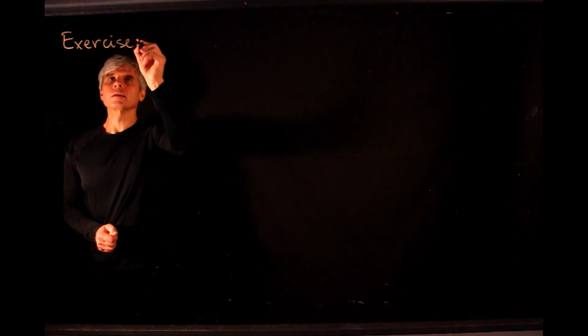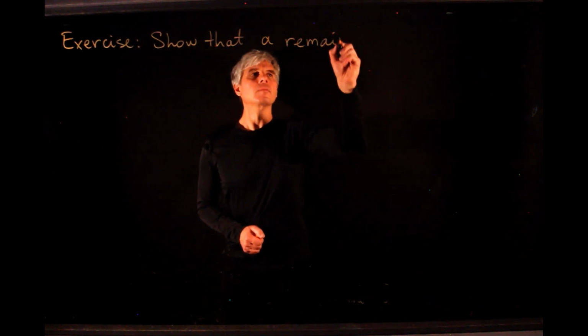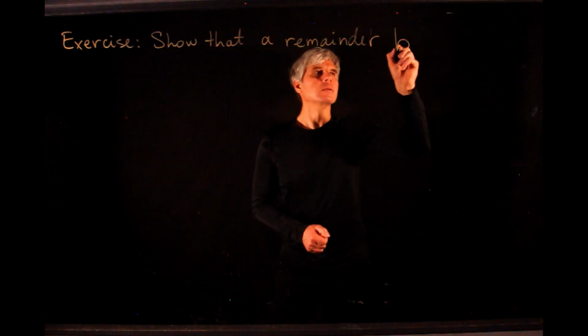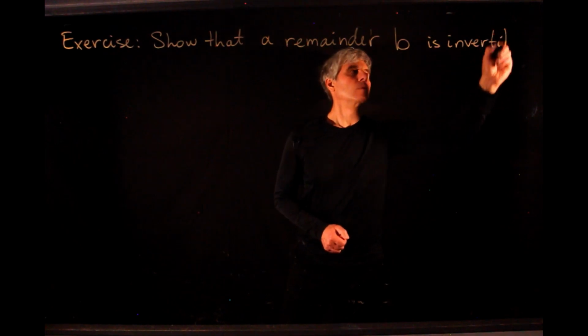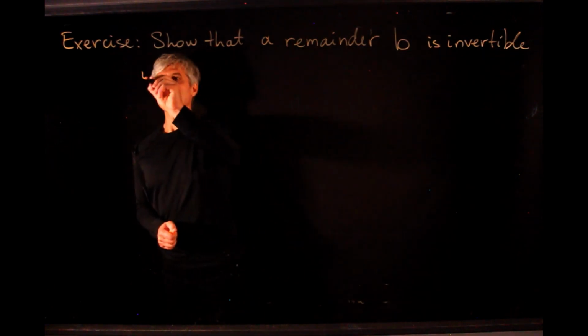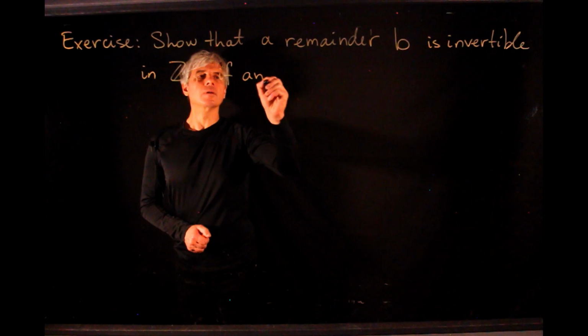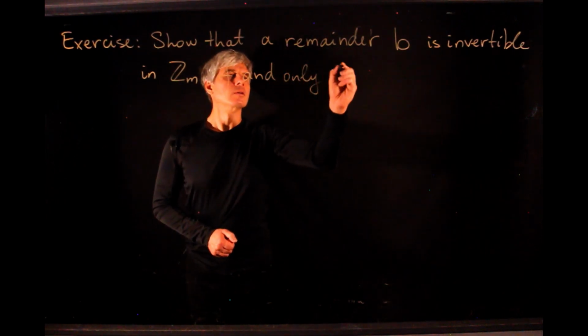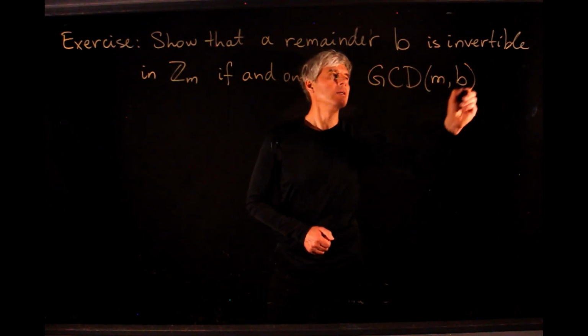I will ask you to do the following exercise. Show that a remainder b is invertible in Zm if and only if the greatest common divisor of m and b is equal to 1.